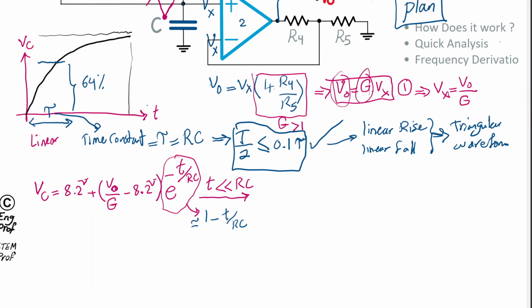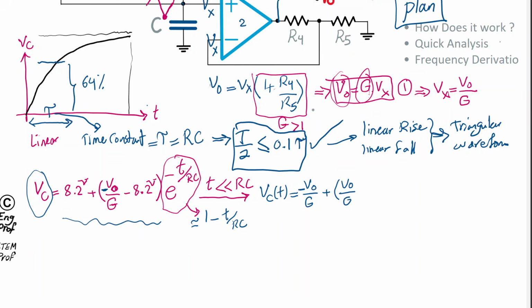Okay, so I'm going to substitute that, and if you substitute that, you end up rewriting this equation in this form: V capacitor at any given time in the linear region is roughly equal to V out over G, starting from a negative value. So it will be negative V out over G, and then we have plus V out over G, where G is the gain.